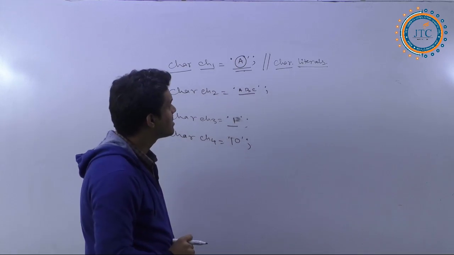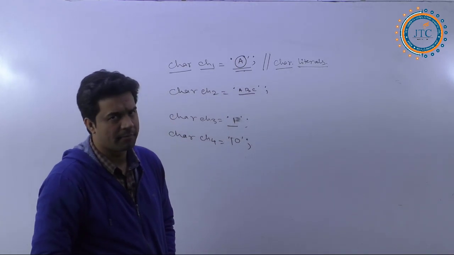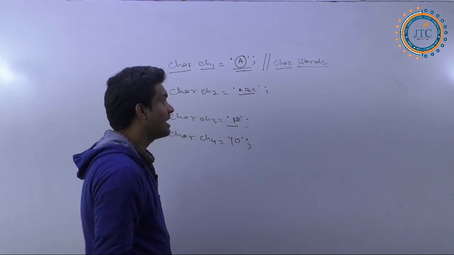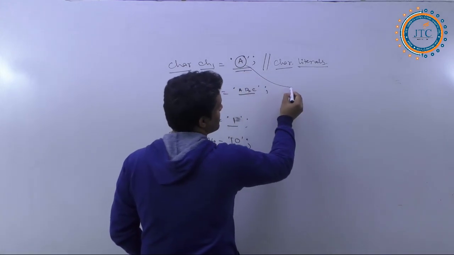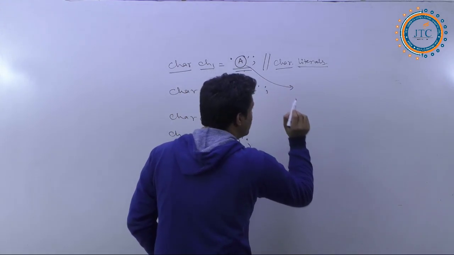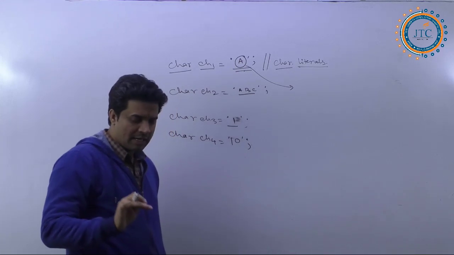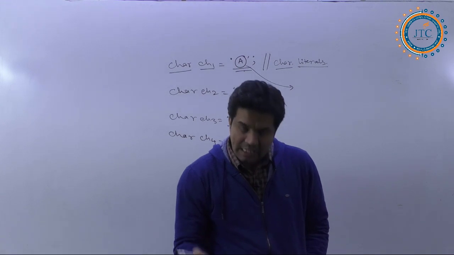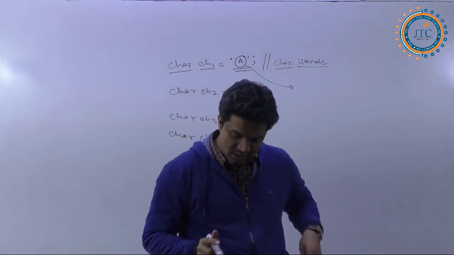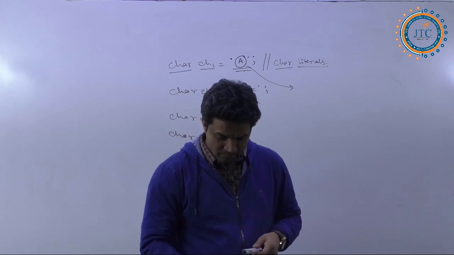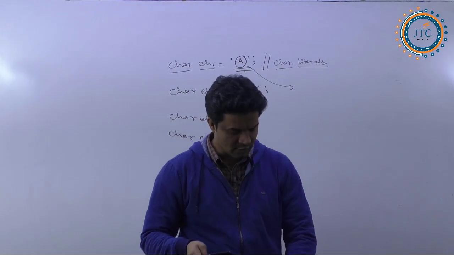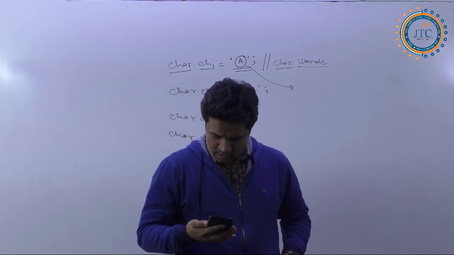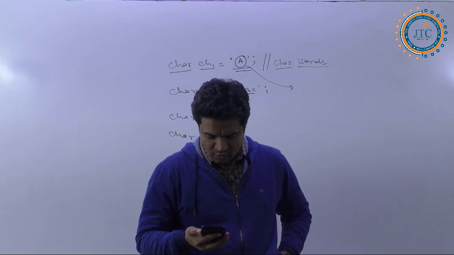Since A is a valid character, this A has an ASCII value also. You know it. But at the same time, if I ask you what is the ASCII value of capital A, can you write in the comment box what the ASCII value of A is? Can you please reply me?